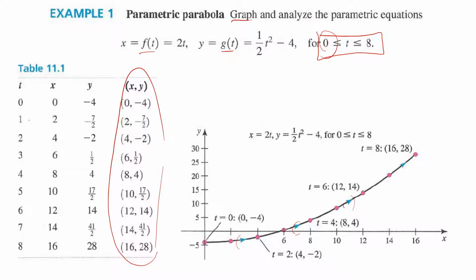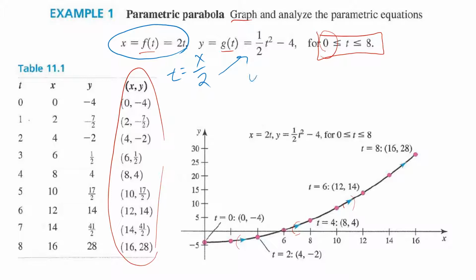From here, we could write this as its normal function equation. To do that, we are going to solve for t in one of our equations. This one would be the one to do it in, because we can get t equals x over 2, and then we're going to plug it in over here.